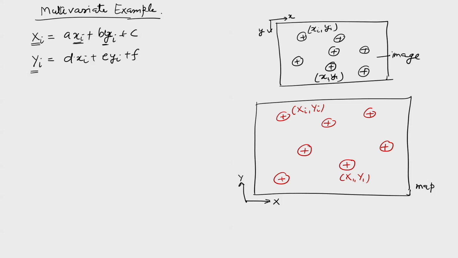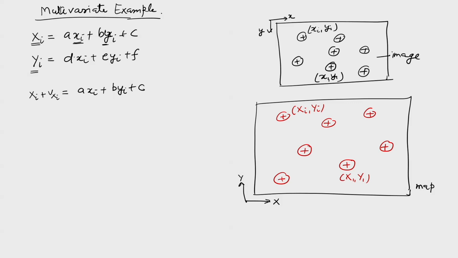So let us assume that I introduce the error: Xi plus vxi equals a xi plus b yi plus c. Okay.